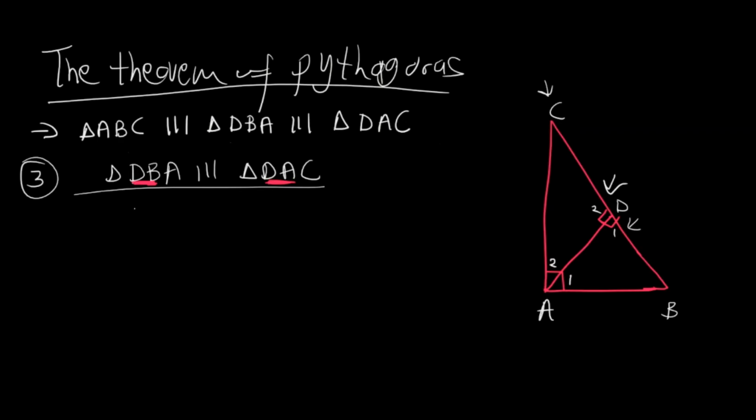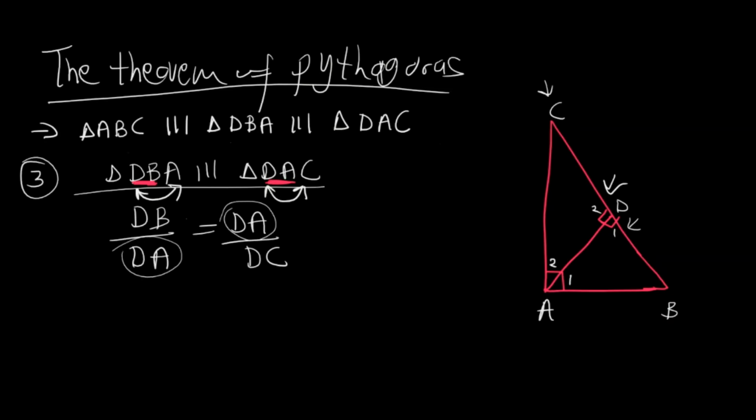So it's going to be DB over DA is equal to DA, which is this one here, so we skip a letter, DA all over DC. The whole point is we have DA, so that when we cross multiply, DA squared is equal to DB multiplied by DC. So you leave it like this.